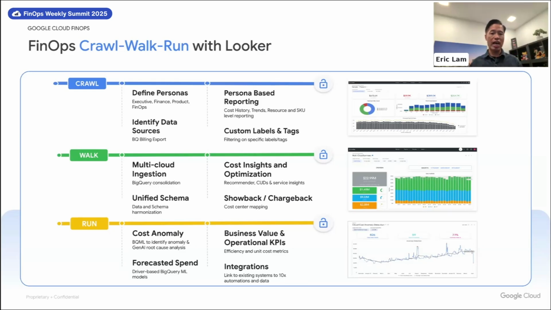Then the third, once you have that data in place, you can do cost anomaly detection, you can do forecasting, you can track your KPIs and do better integrations. A lot of times when we think about cost anomalies, you do need a set of historical data.